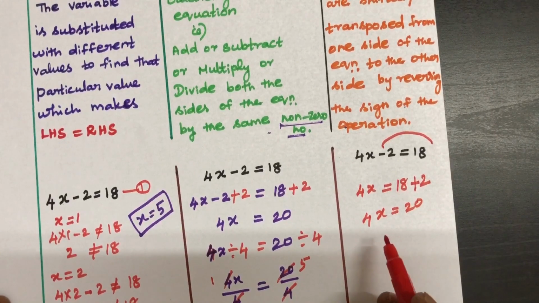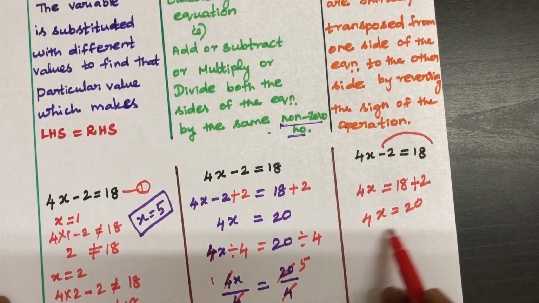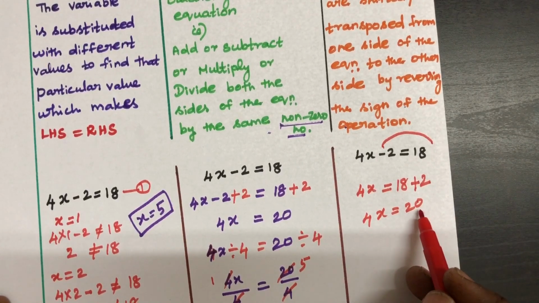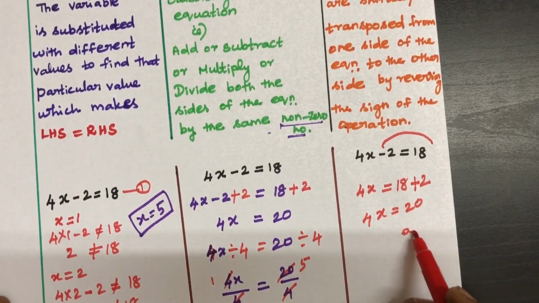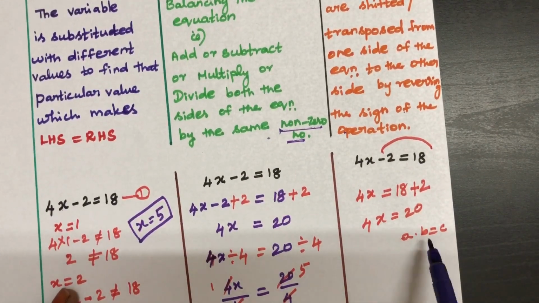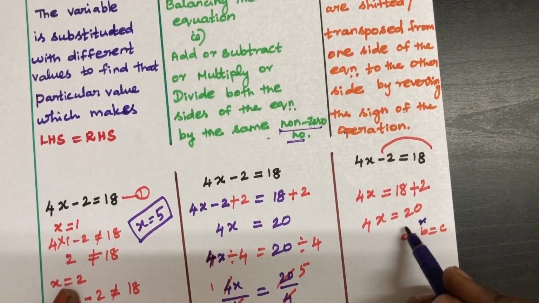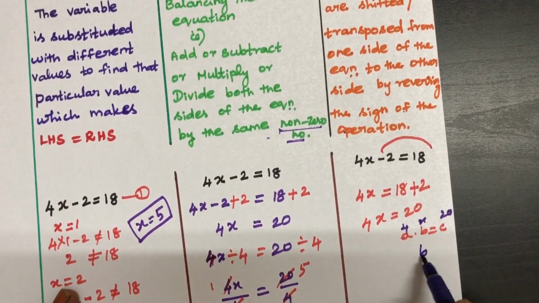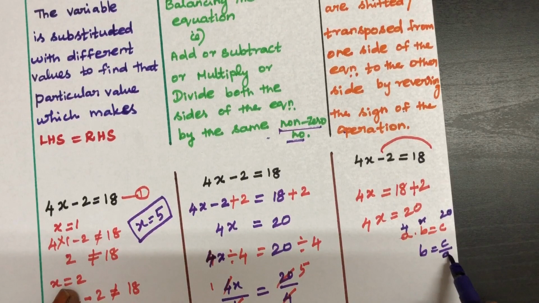Now we want x alone. 4 into x equal to 20. This is in the a into b is equal to c form. If you want b, this x is b, 4 is a, and this is 20. What is the formula for b? c by a.